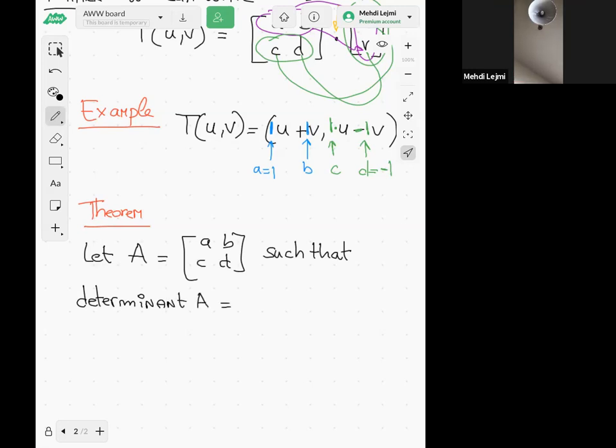What's the determinant of A? You cross multiply: A times D minus B times C. You need the determinant to be non-zero.